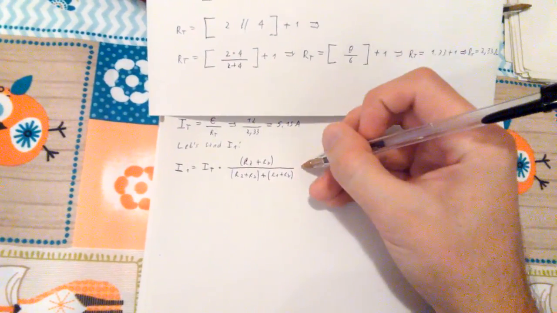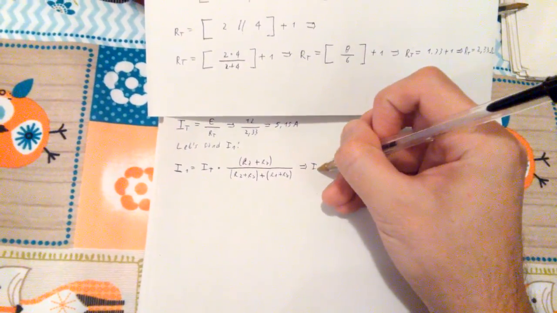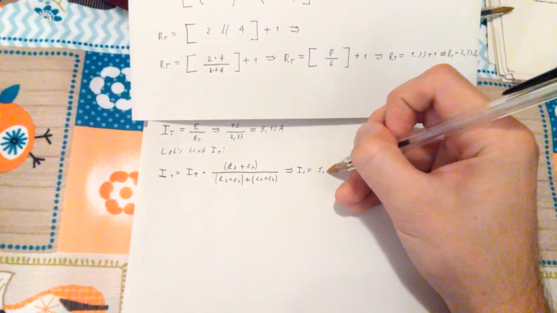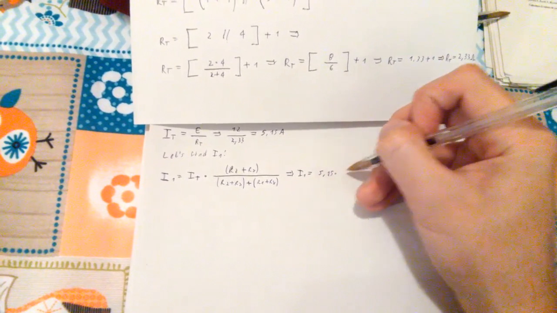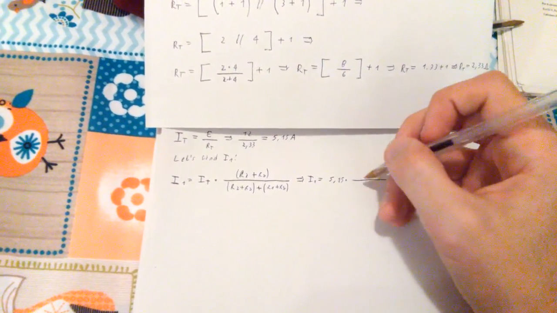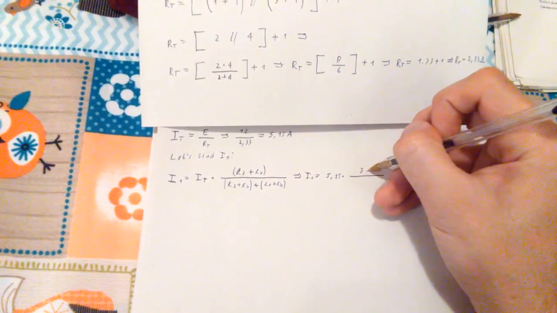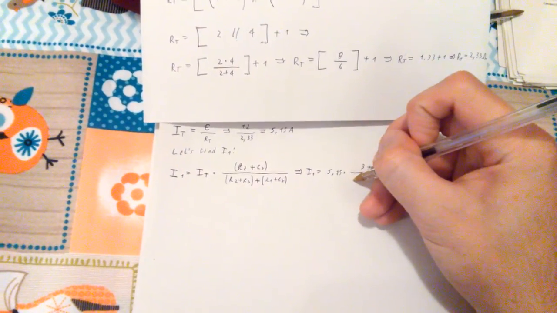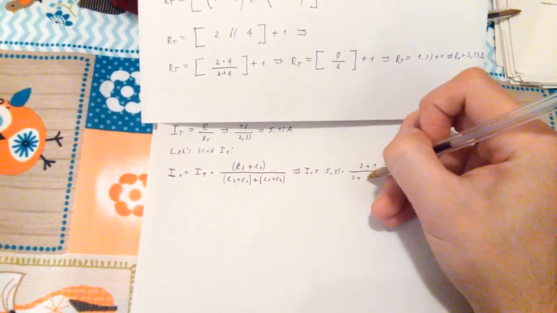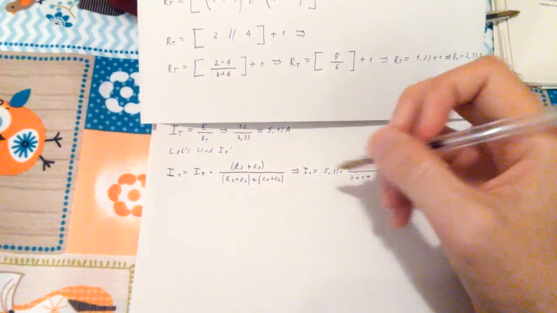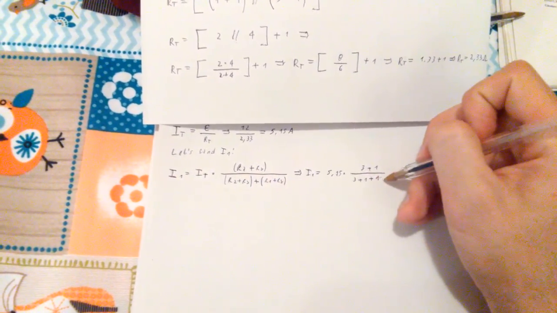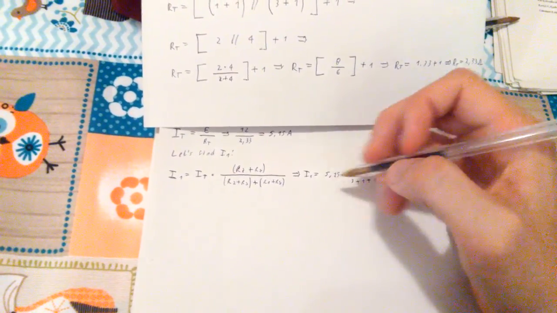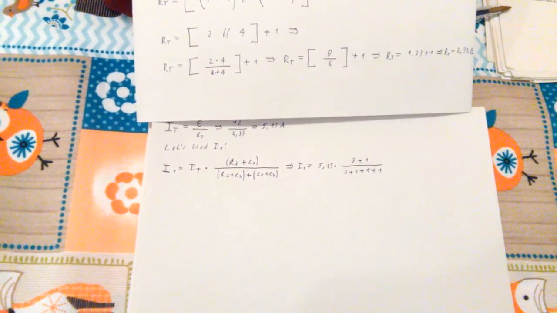So if we just substitute those values, I1 is actually equal to I of t, which we have just found, so it's 5.15 amps, times, well, R2 is 3, plus RA is 1, over R2 which is 3, plus RA which is 1, plus R1, which was 1, and still is 1, plus RA, which is also 1.